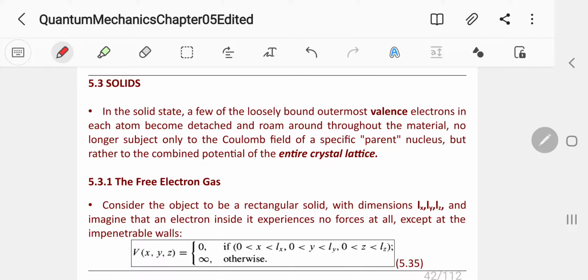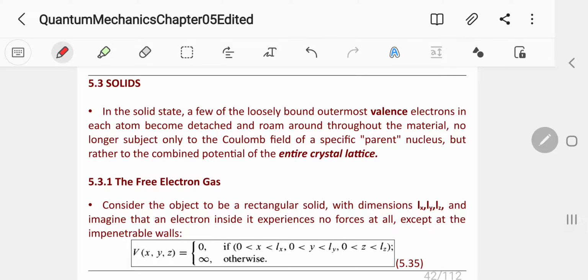So in atoms you have electrons revolving around the atom, and you have the outermost electrons of the atom, and these valence electrons are loosely attached to the atom.